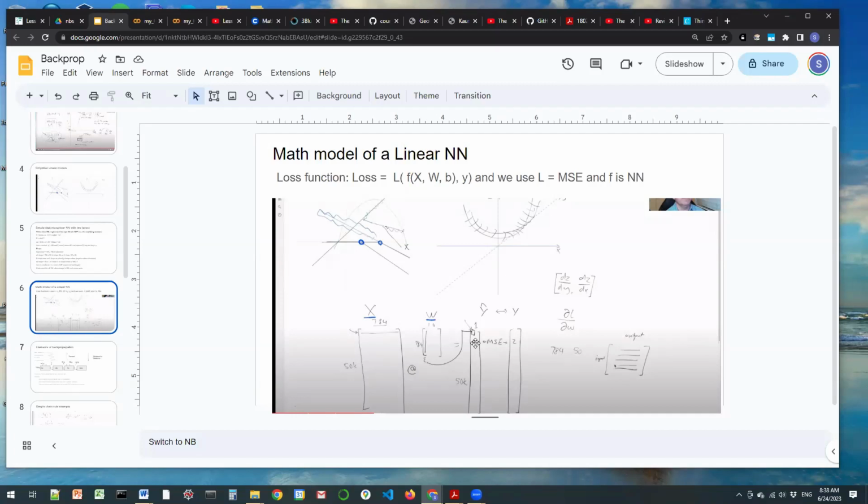Sometimes it is the same as the goal, but the reason to use a loss function, or the loss function chosen, is because the loss function is a differentiable function of the inputs and the variables that are used in the network that then generate the output of the network. Okay, so that's the reason here that we don't directly use accuracy as a loss function.